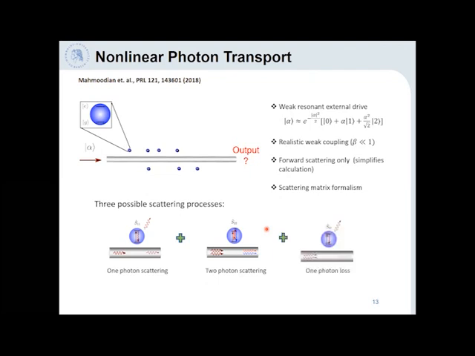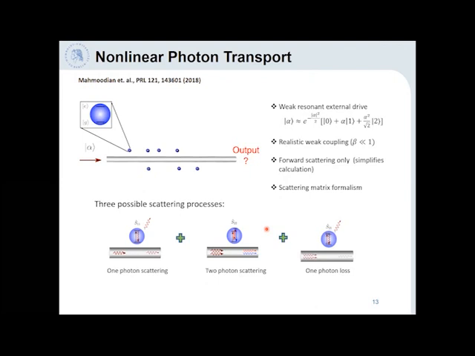And then the third possible scattering process is, of course, when two photons arrive at the same time, then the atom may scatter one photon still out of the fiber. So we have one-photon loss, which leads to a suppression of the two-photon amplitude. And so all these three possible scattering processes take place for every atom.